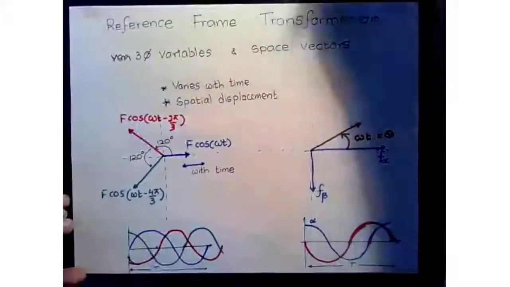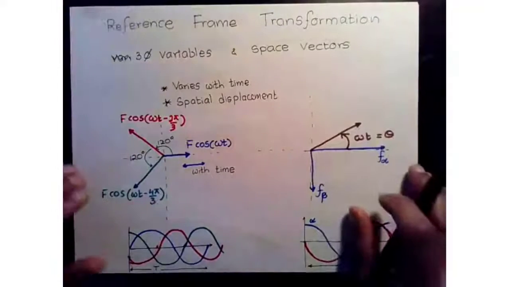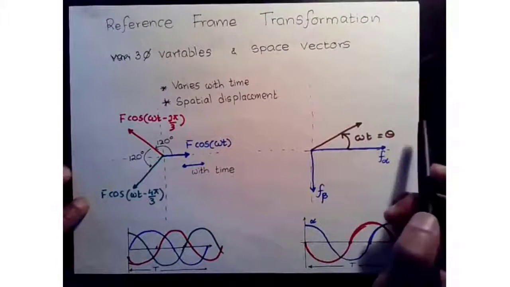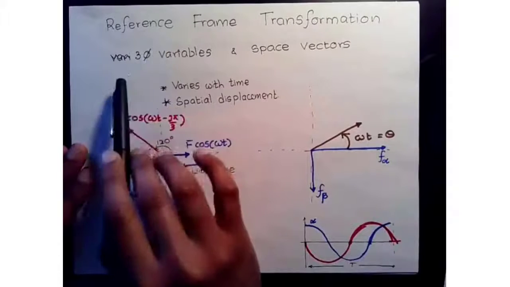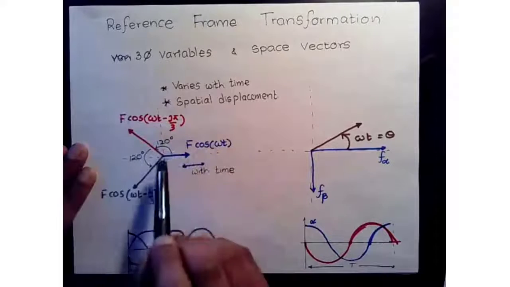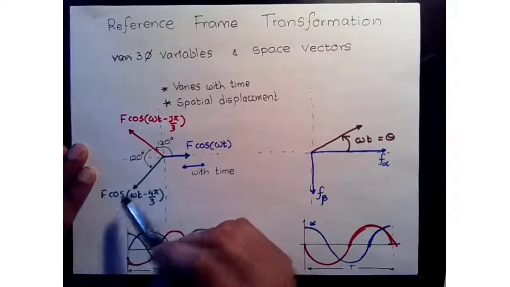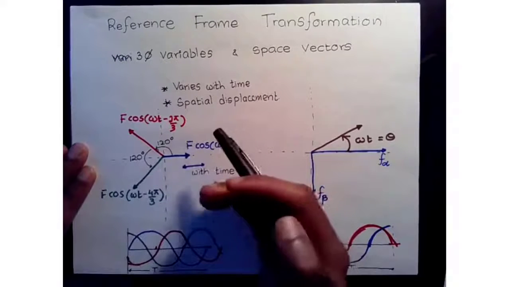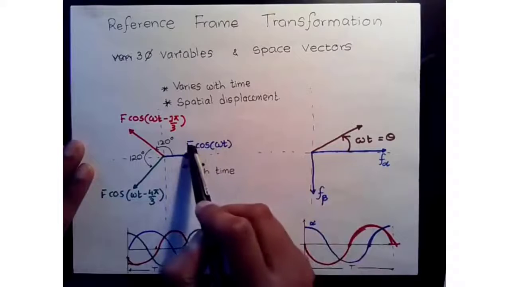Now, last time I think we basically went over this, but I want to refresh, review that before we proceed. We talked about three-phase variables, and then we said, these vectors are going to be changing, right? I'm using F so that I can represent any other variable like voltage, current, flux linkage.